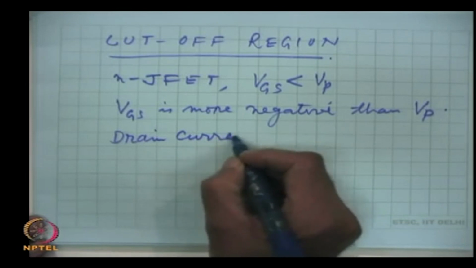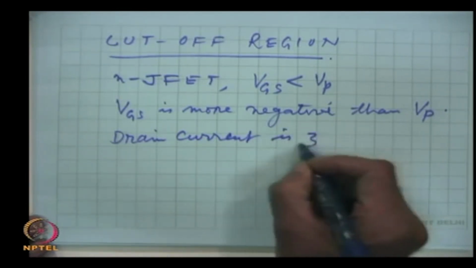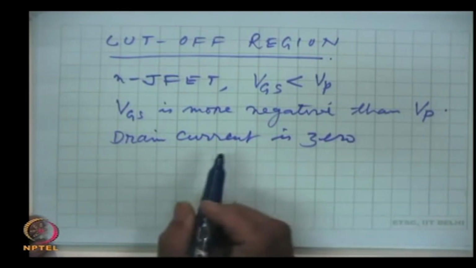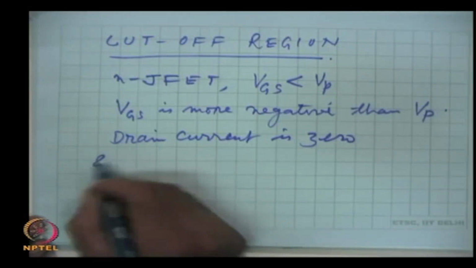In this region drain current is 0 and the device is off.